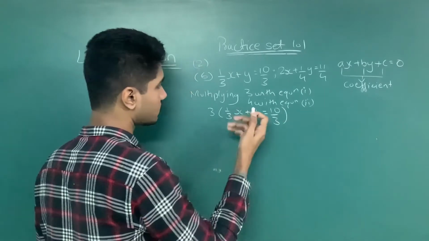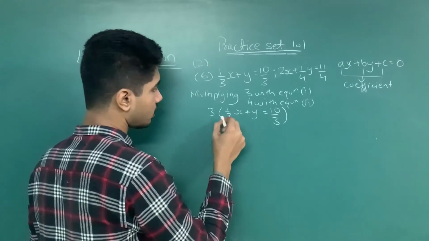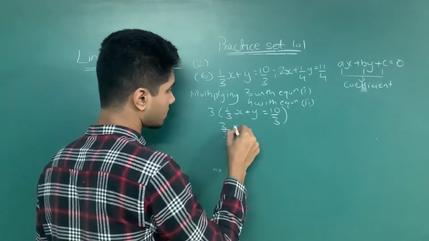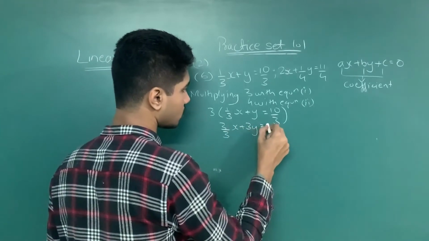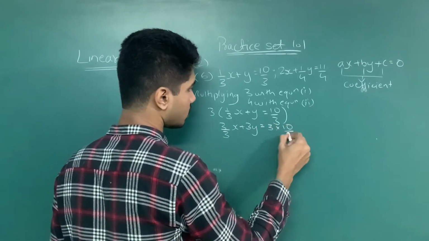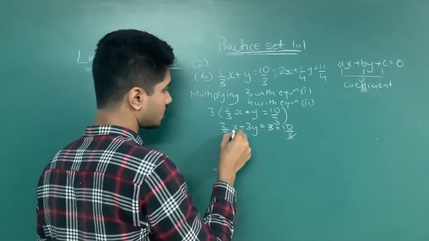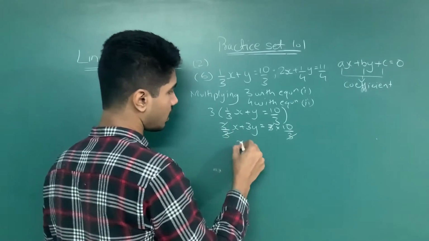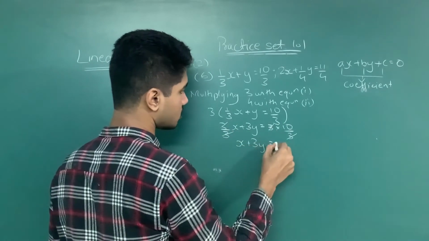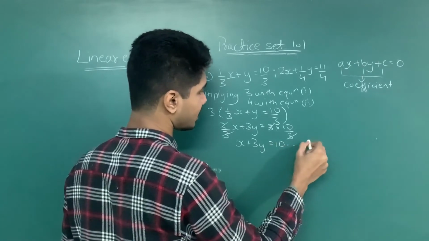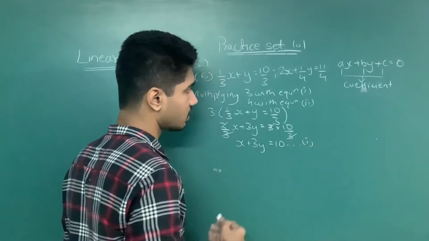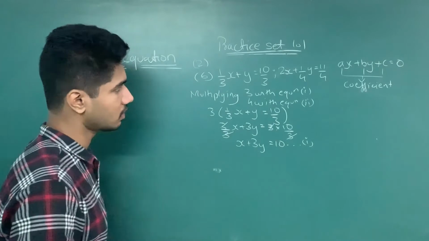So we'll solve it separately. When you multiply, 3 by 3x plus 3y is equal to 3 into 10 by 3. So 3 and 3 get cancelled, 3 and 3 get cancelled over here. You get x plus 3y is equal to 10. Let's take this as equation 1 itself because you're doing just a fine adjustment.